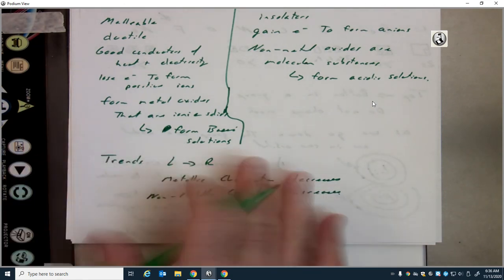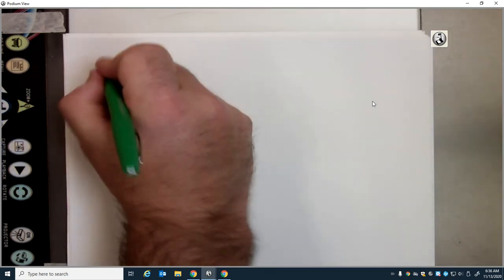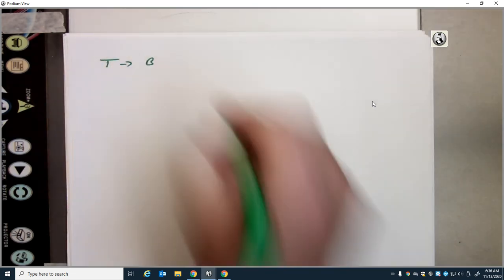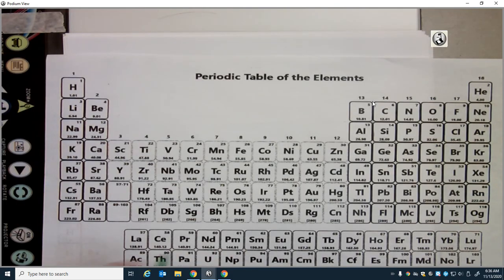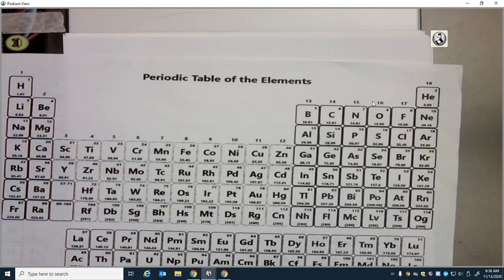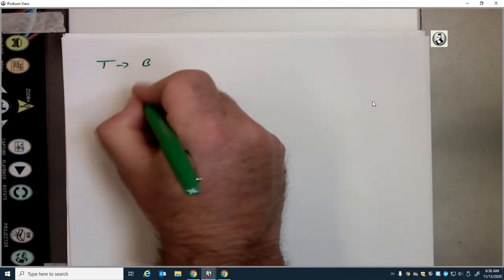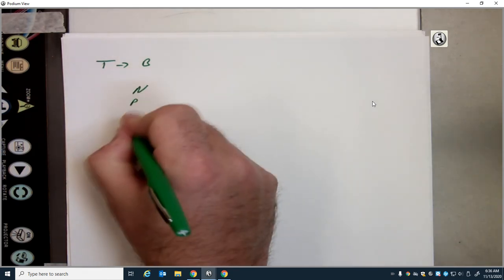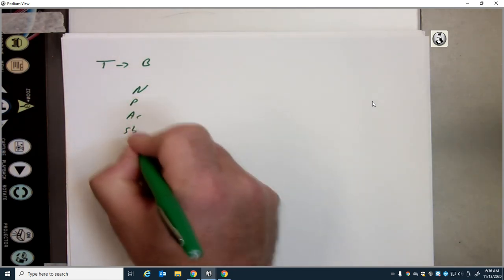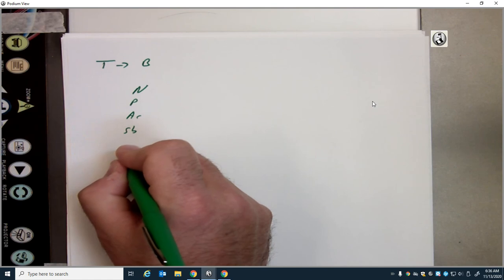And what's happening top to bottom? It's actually easiest to see in group 15. If we look at group 15: nitrogen, phosphorus, arsenic, antimony, and bismuth.